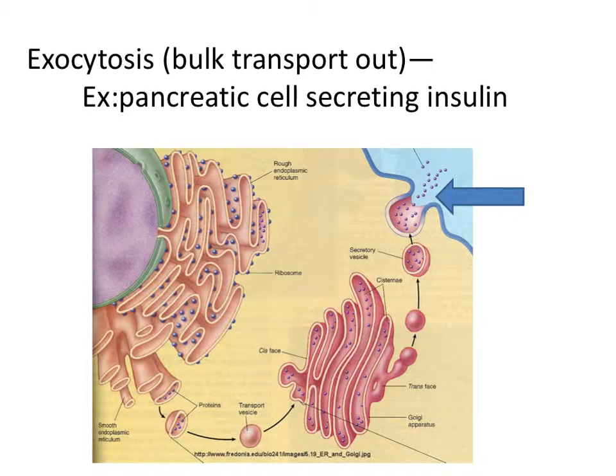Remember, the Golgi sort of adds things to it if need be, or modifies it in some way, and then they can mark it for delivery. So if this is some insulin, it's going to be marked for exocytosis. And so it gets sent out to the cell membrane. And this little bubble here is going to fuse with the cell membrane, release its contents, and then it will just become a new part of the cell membrane.